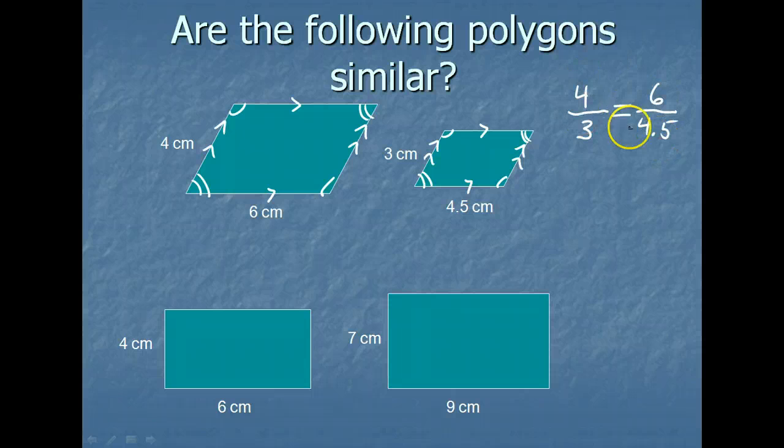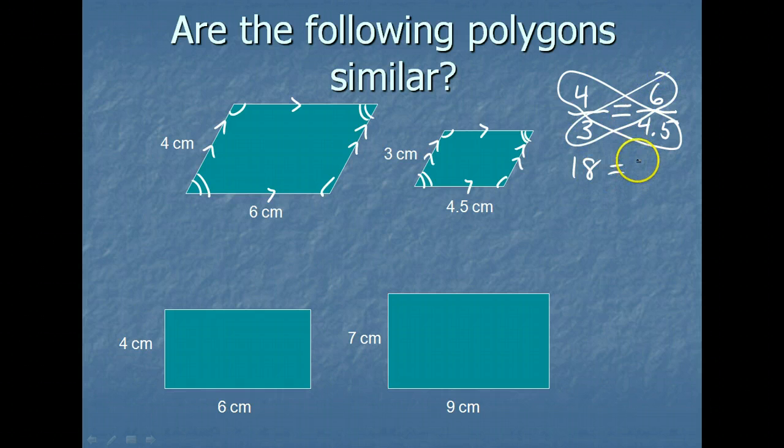To check to see if this proportion is true, cross multiply. 4 times 4.5 is 18. 3 times 6 is 18. So are the following two polygons similar? Yes. Our corresponding angles are congruent, and our sides are proportional.